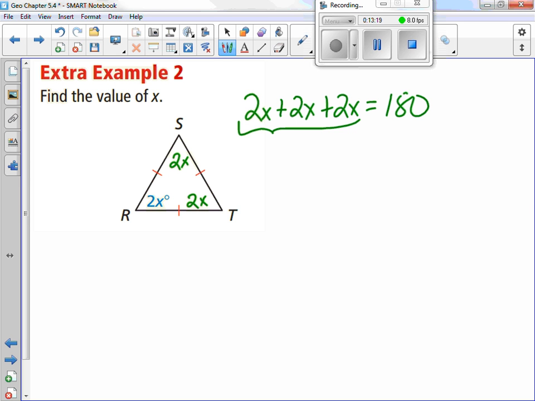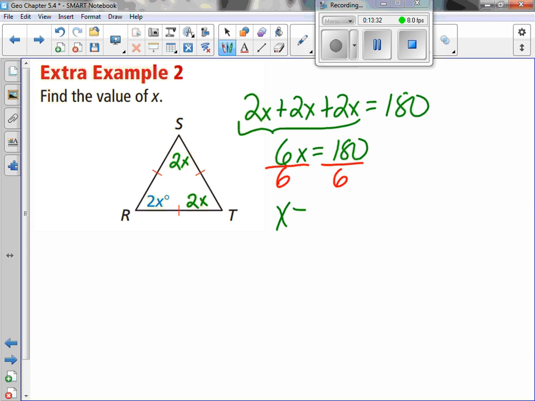Well, 2x plus 2x plus 2x, 2 plus 2 plus 2 is 6, so 6x equals 180. Then we can divide both sides by 6. So the value of x for this here is 30.